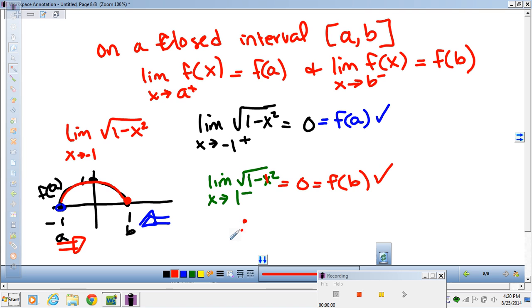So I can say, therefore, remember the 3 little dots mean therefore, f of x is continuous on the interval from negative 1 to 1.